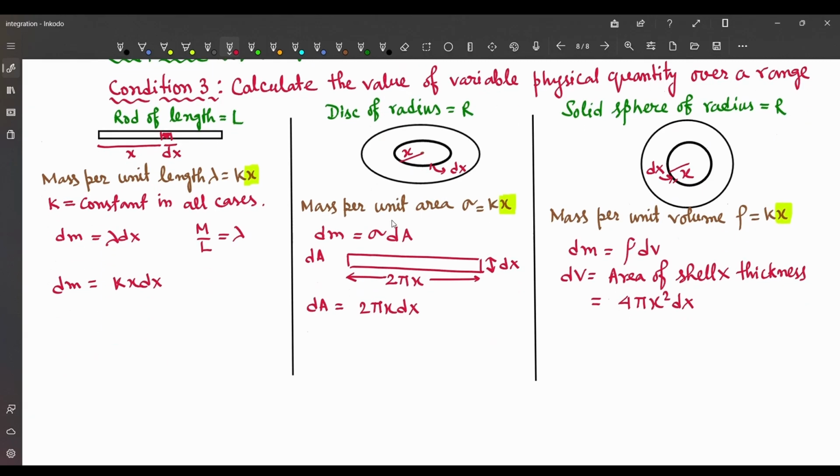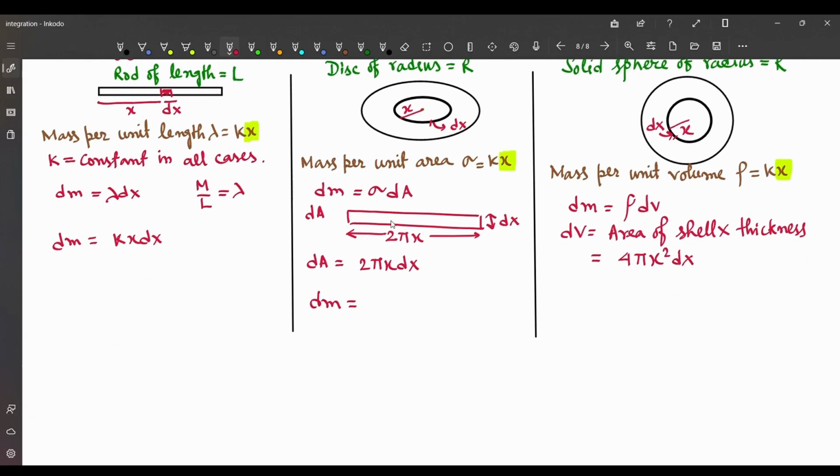For the disc, dm is equal to kx into 2 pi x dx, which is 2 pi k x square dx. And for the spherical shell, dm is equal to kx into 4 pi x square dx, which is 4 pi k x cube dx.